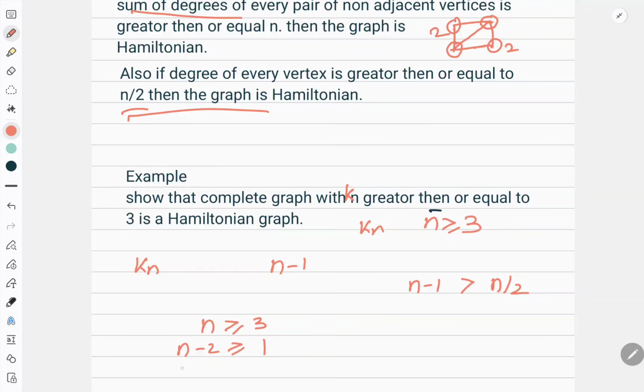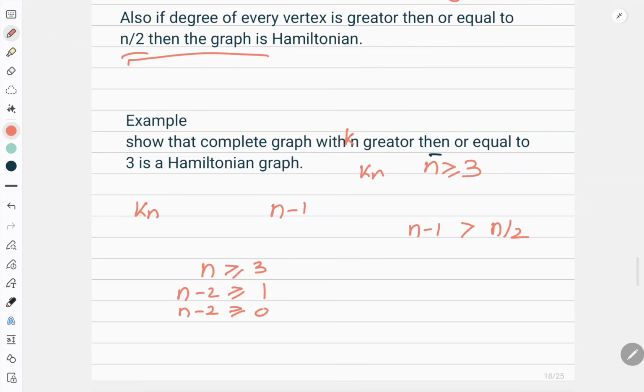If something is greater than 1, definitely it is greater than 0 also. Now add n on both sides, so it becomes 2n. So n minus 2, 2 is greater than or equal to n. Now divide the whole equation by 2, so n minus 1 is greater than or equal to n by 2.